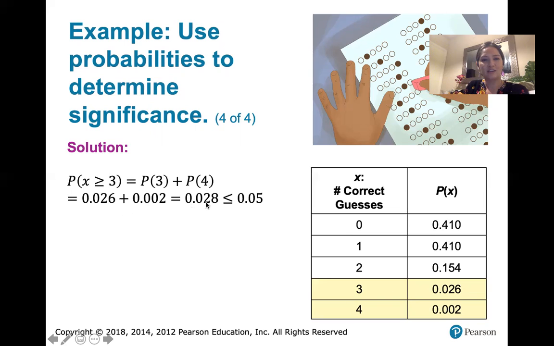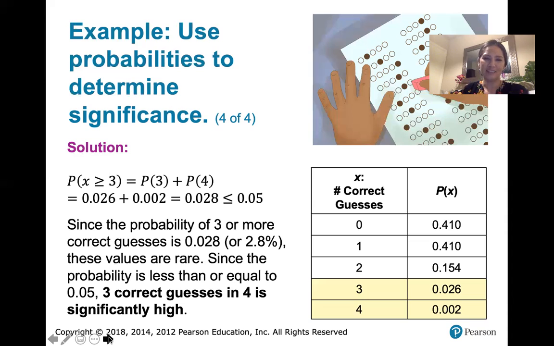And we get 0.028. Now, if I'm trying to determine significance, we use that 0.05 cutoff in this class. So I'm comparing this probability of 0.028 to 0.05, and that probability is less than this probability, and therefore 3 correct guesses out of 4 is significant. Now, if you want to interpret it using percentages, and I prefer to, this is what this says.